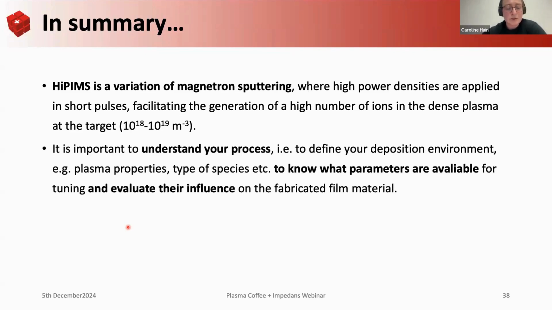In terms of understanding your process, it's important to define the deposition environment. Looking at the plasma properties and the types of species that are developed, we need to know what parameters are available to tune, how that influences the deposition environment, and then we can link that to the properties of our fabricated films.